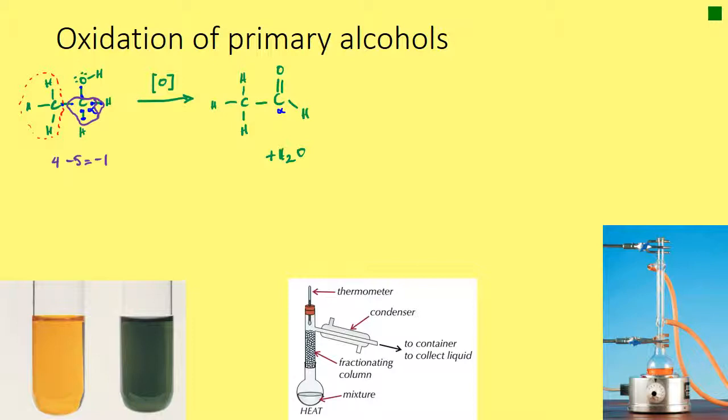Let's do the same thing here. So let's draw in our electrons in these covalent bonds, and let's then assign them to either carbon, oxygen, or hydrogen. So carbon-carbon is a tie. Carbon-hydrogen, carbon gets. Carbon-oxygen, oxygen gets.